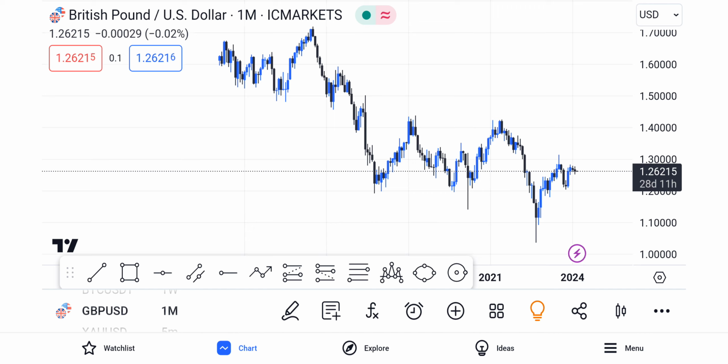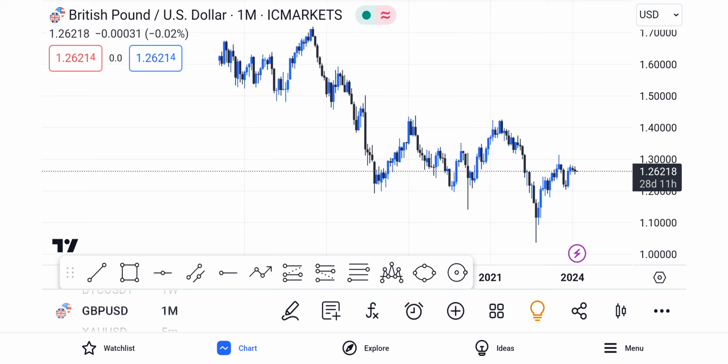And worthy of note is that trend lines are actually one of the oldest tools that have been used by forex or financial analysts to analyze any price chart on any financial instrument. And if you are to do intensive research on the oldest secrets in forex trading, you will see that trend lines have been ranked as one of the highest secrets that are hidden in the forex market.